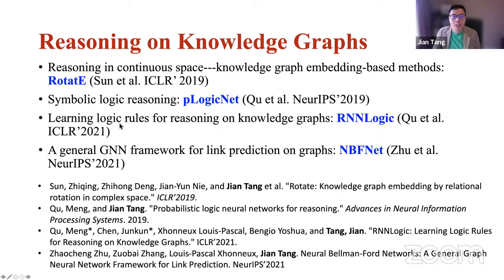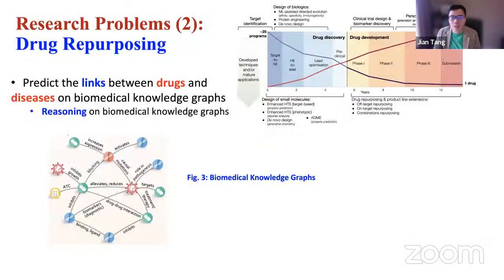The second type of approach we have been working on is based on traditional symbolic logic rule reasoning, because as I said, there are some logic rules we could leverage. For example, if a drug is able to treat a disease, and this disease is similar to a new disease, then the drug could potentially be used to treat this new disease as well. This is one type of rule.